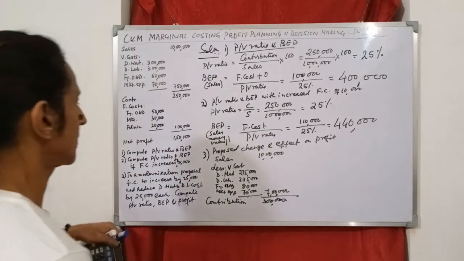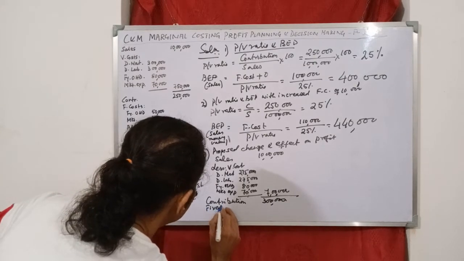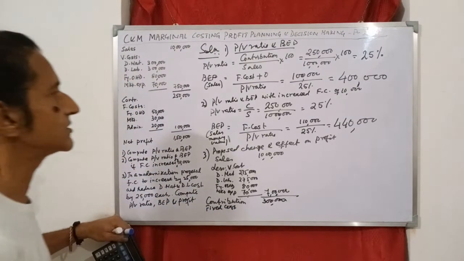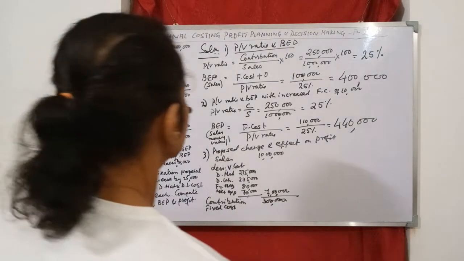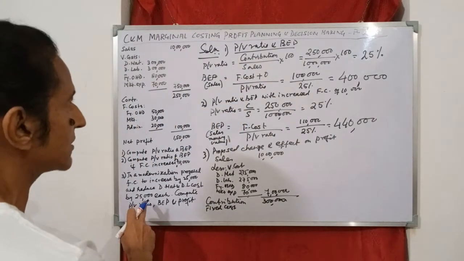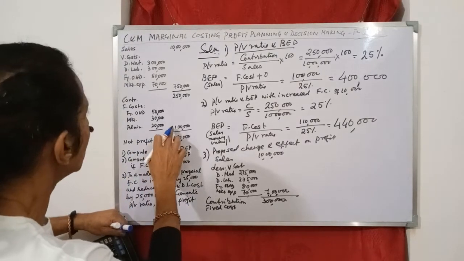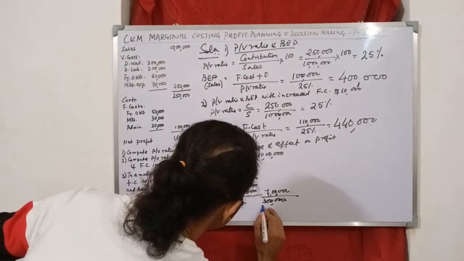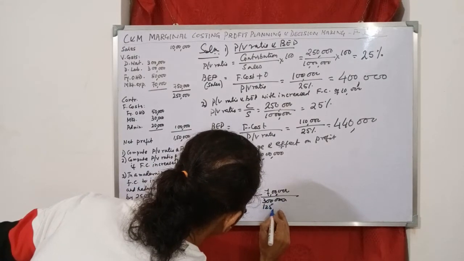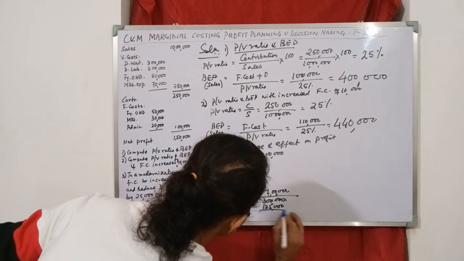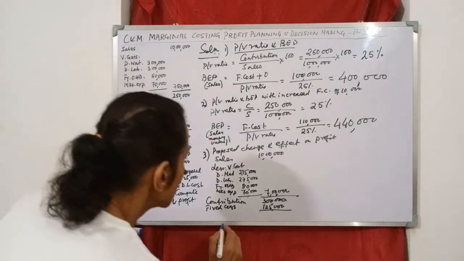Okay. And what will be the fixed cost? Fixed cost will increase by 25,000. So previously fixed cost was how much? 1 lakh. Now it will become 1,25,000. Fixed cost is increasing by 25,000, and as a result, direct material cost and direct labor cost each will decrease by 25,000.